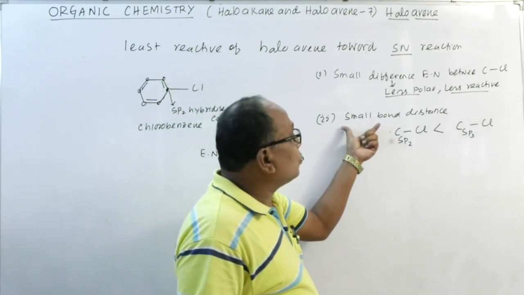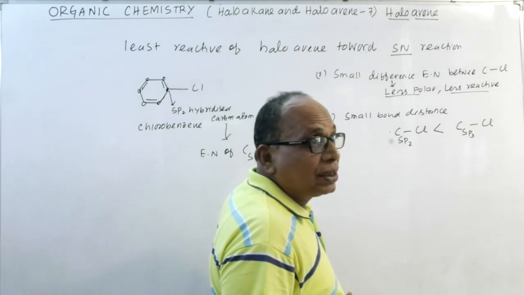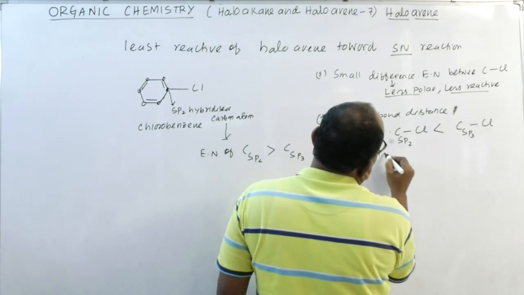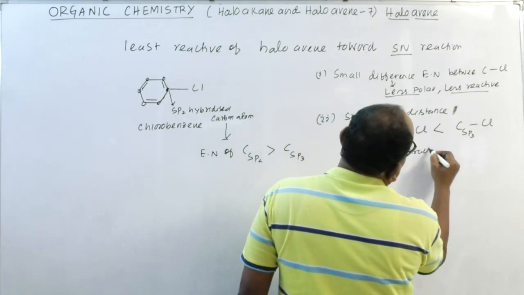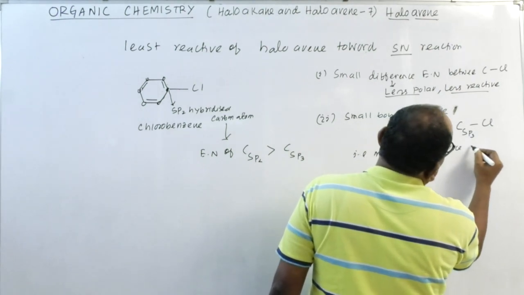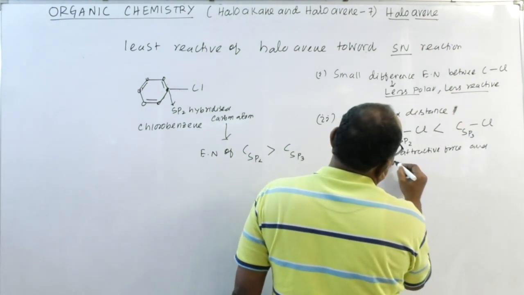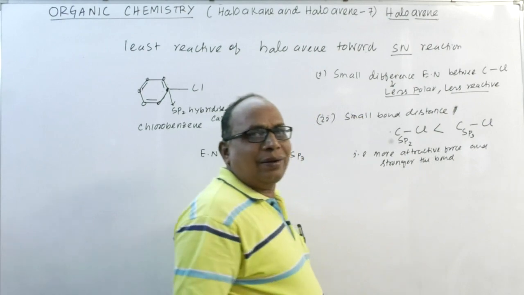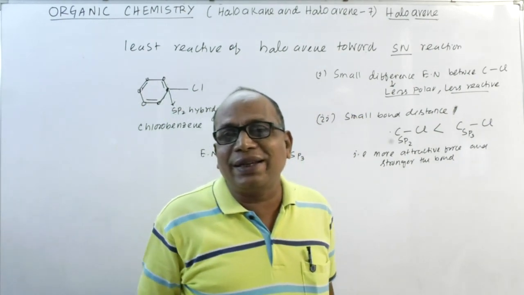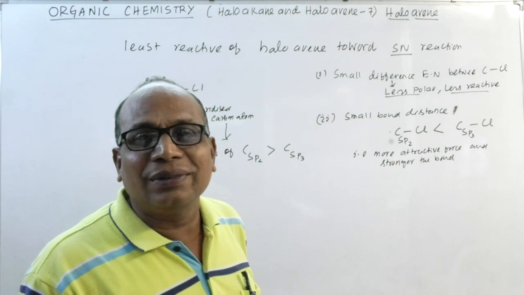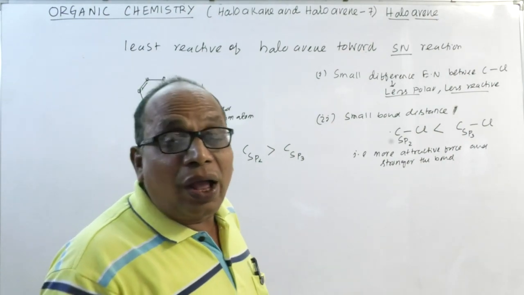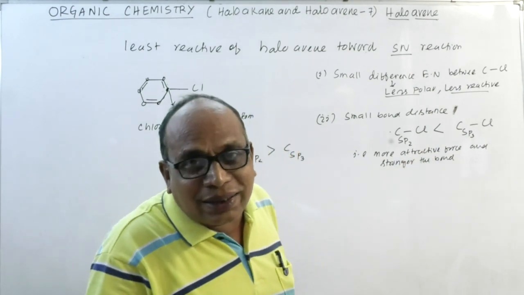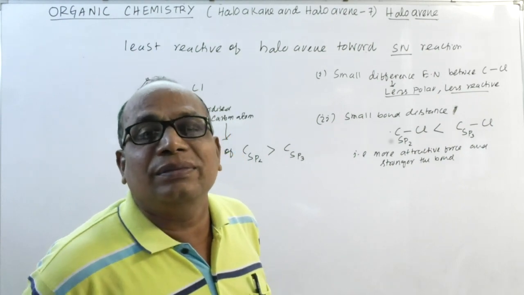When the bond distance is small, there is more attractive force and a stronger bond. If the bond is stronger, it requires more energy to break it. So, as compared to alkyl halide, it requires more energy to break the carbon halogen bond, means it is less reactive.